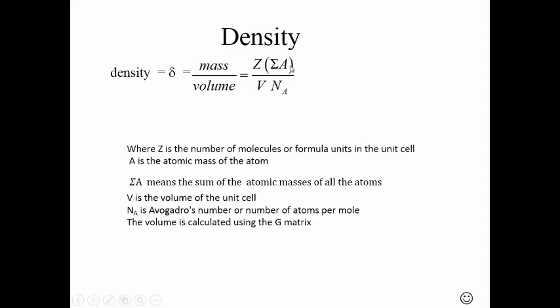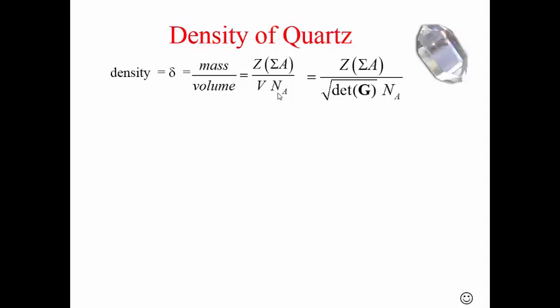If you look at it in terms of the unit cell, you have the Z, which is the number of molecules in the unit cell, and A is the atomic mass of the whole formula unit or molecule, and here's the volume of the unit cell, and this is Avogadro's number, or the number of atoms per mole. And here we have written our volume out in terms of the G matrix.